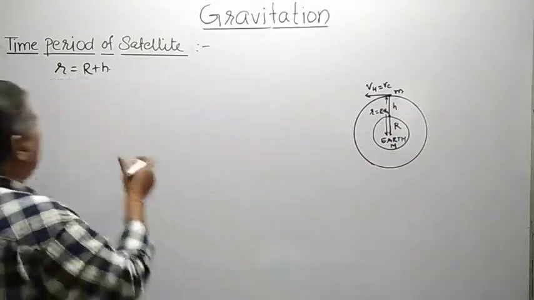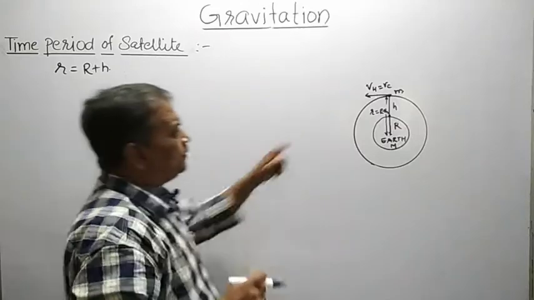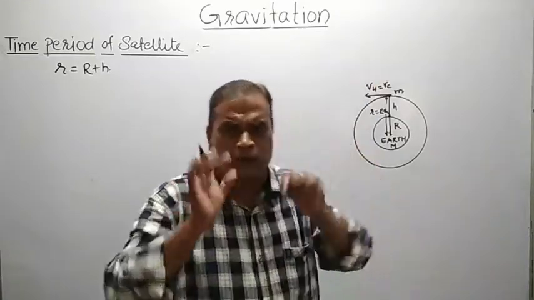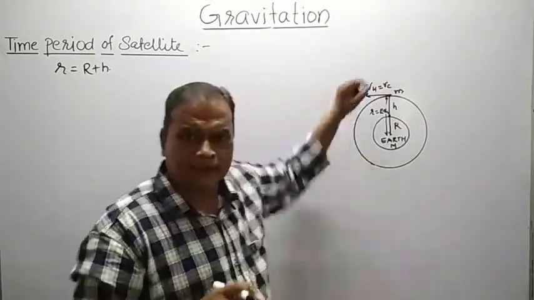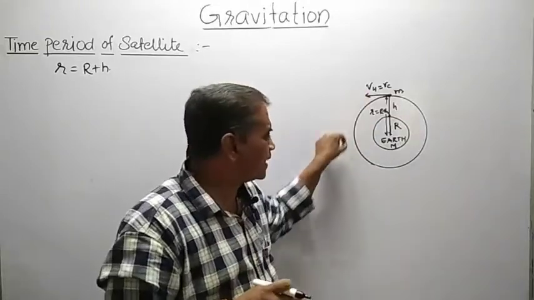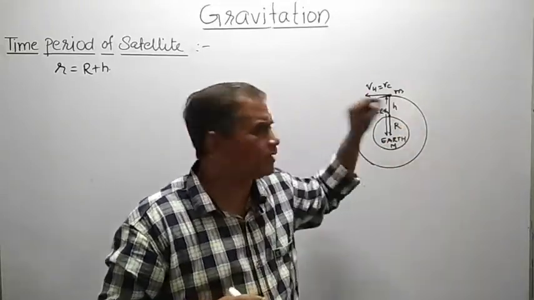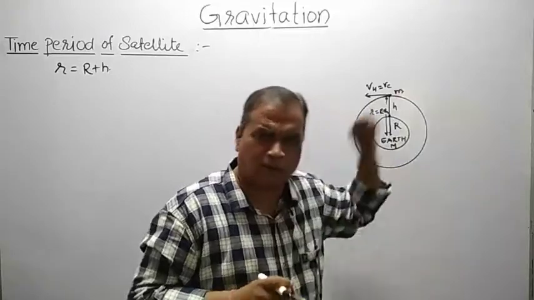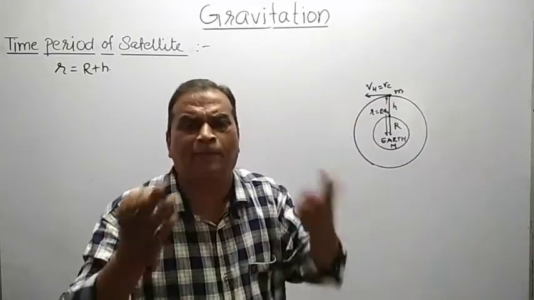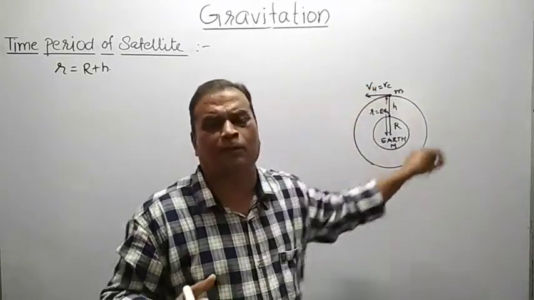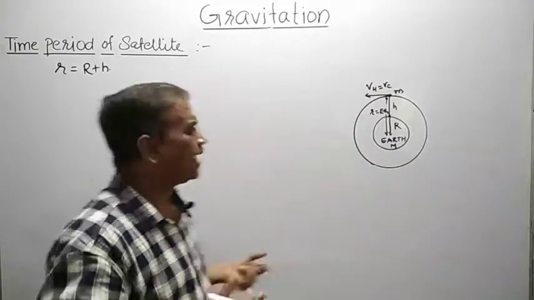So I can say here Vc is the critical speed of a satellite. The distance traced by a satellite in one revolution equals the circumference of the circular orbit, and the time taken by a satellite to complete one revolution is called its time period.